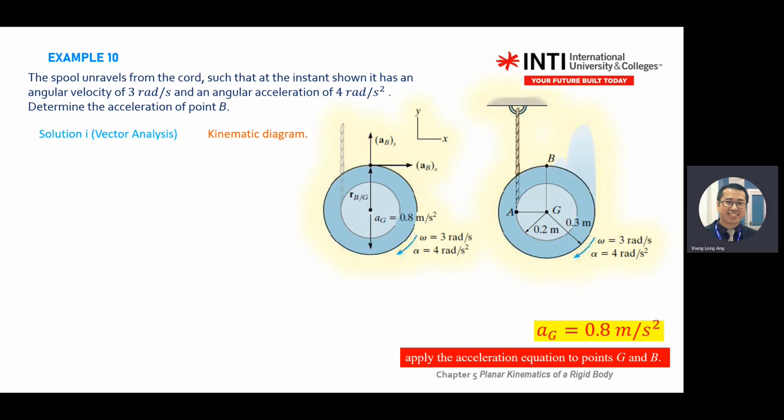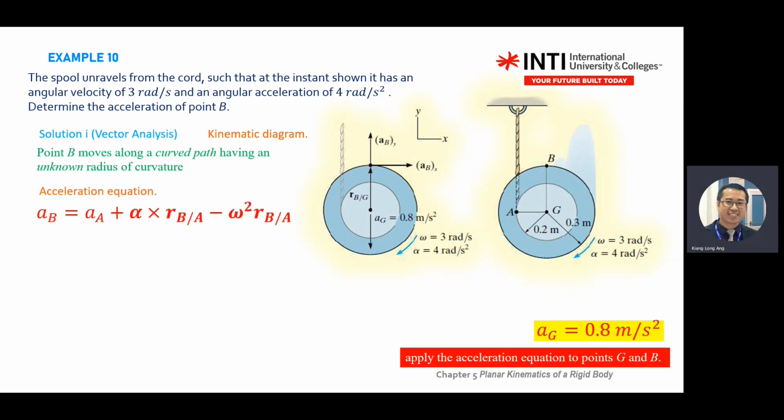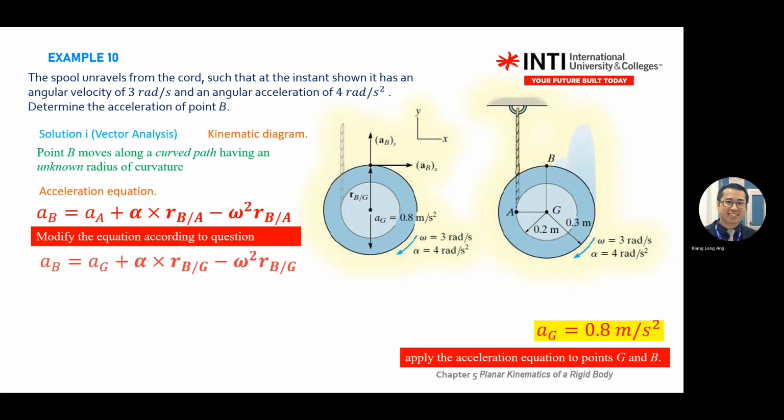Then AG go down. So AG go down. Apply your acceleration equation. AB equal to AA plus alpha R minus omega square R. Modify this equation. You are referring to G and B stroke G. You are interested between B and G and no longer A and B.